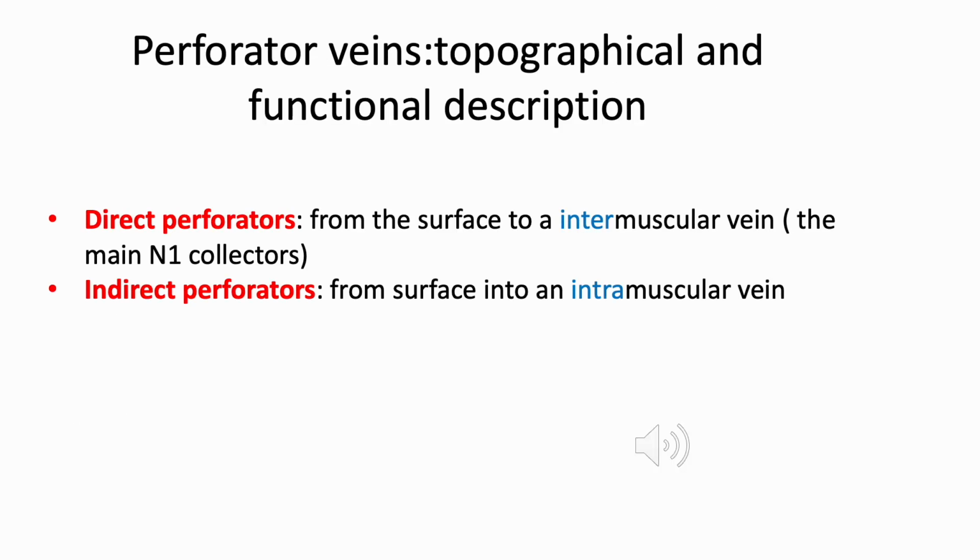Also, a topographical and functional description exists, and we distinguish two typologies of perforator: direct perforators from the surface to the main N1 collectors, and indirect perforators from the surface into an intramuscular vein.